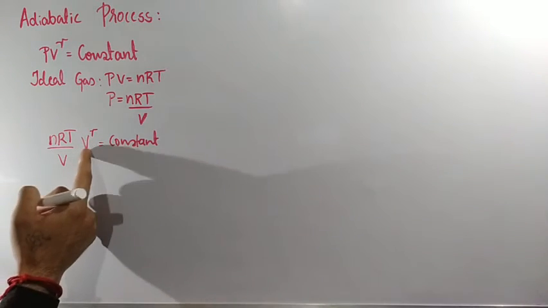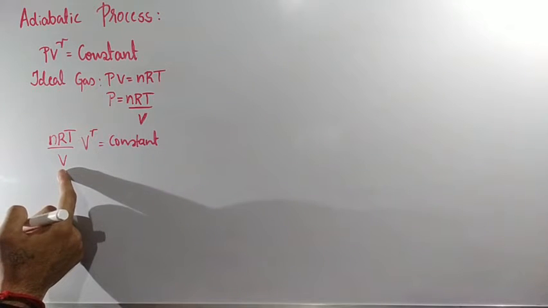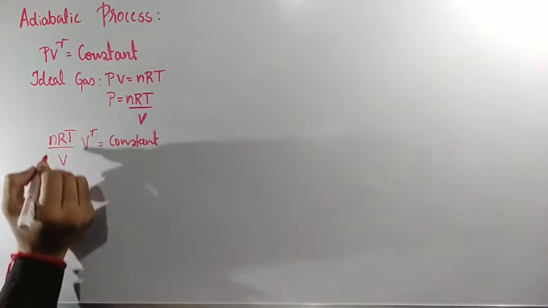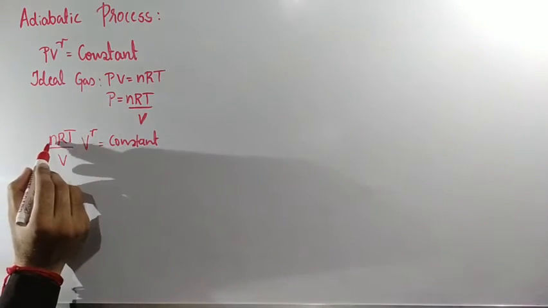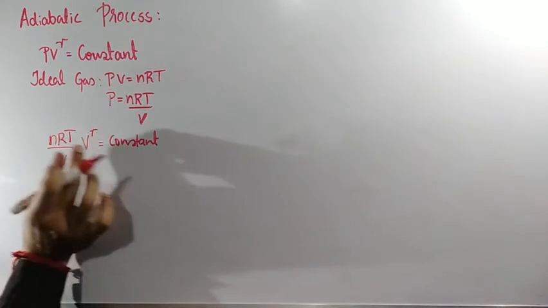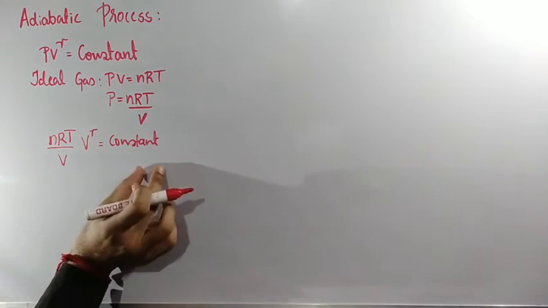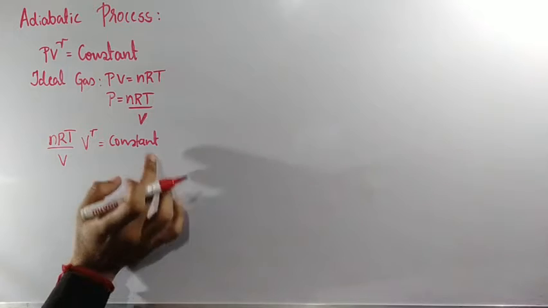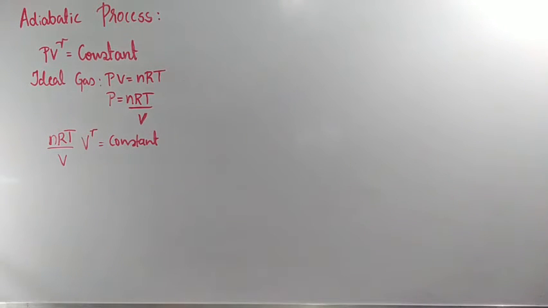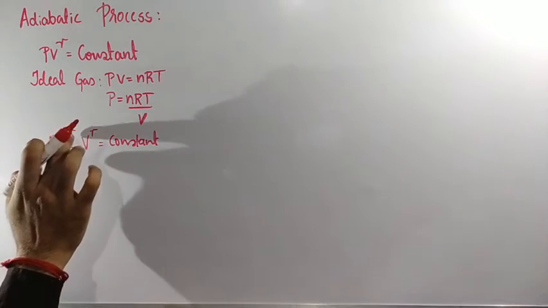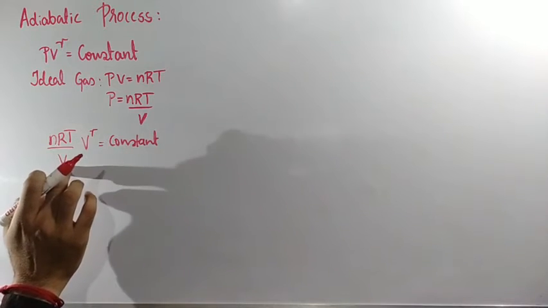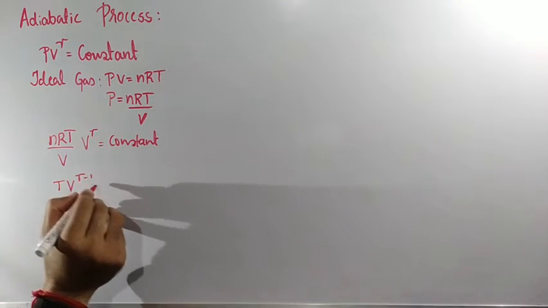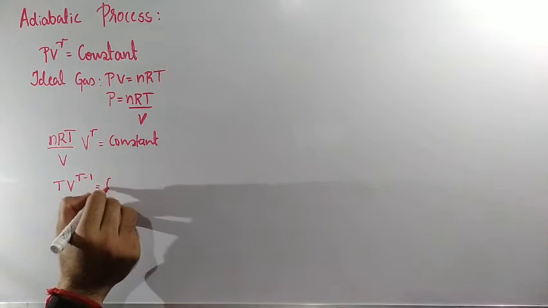Now here V power gamma, denominator V. In case of adiabatic process, the number of moles n and R are constant, so if I take n and R to the right hand side it becomes constant by nR. Again n and R are constant, so the right hand term is completely constant. The remaining factor is T, and V power gamma divided by V means I can write TV power gamma minus 1 is equal to constant.